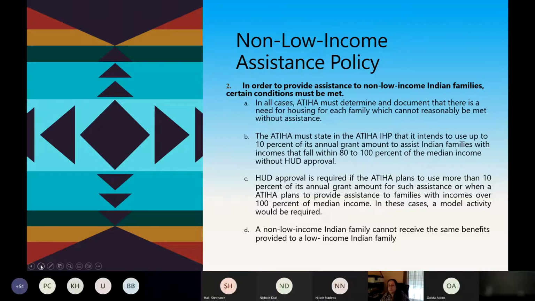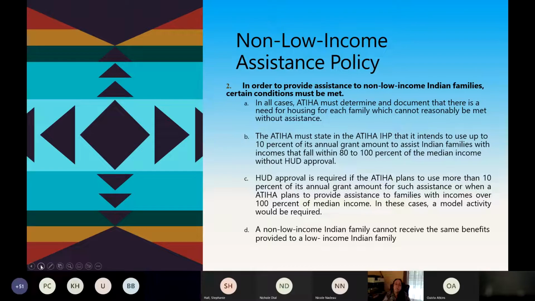ATIHA must determine and document that there is a need for housing for each family which cannot reasonably be met without assistance. So that's why I said if your tribe offers a program of non-stock homes, or you have fair market housing or anything like this, you're going to be hard pressed to make this determination or this statement, okay?